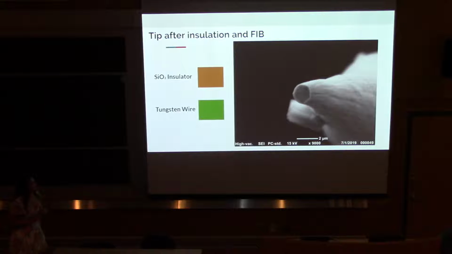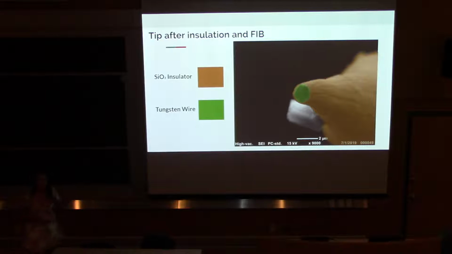And here is another SEM image of our tip after insulation and the focused ion beam milling. And what we can see here is a much lighter exterior, which is our silicon dioxide insulator, now in orange, encapsulating a much darker core, which is our tungsten wire, now in green.